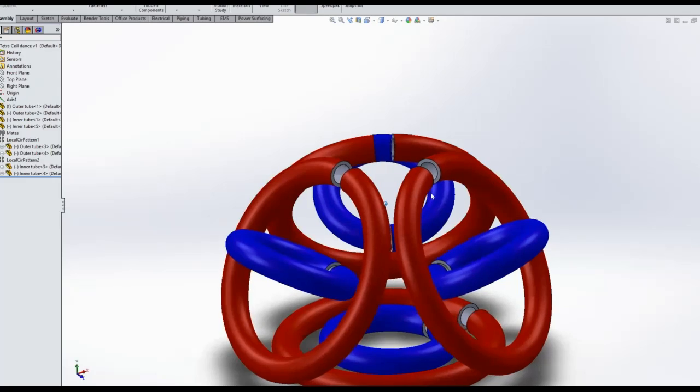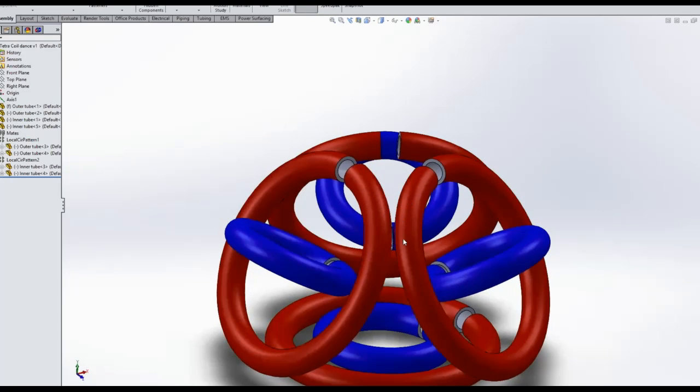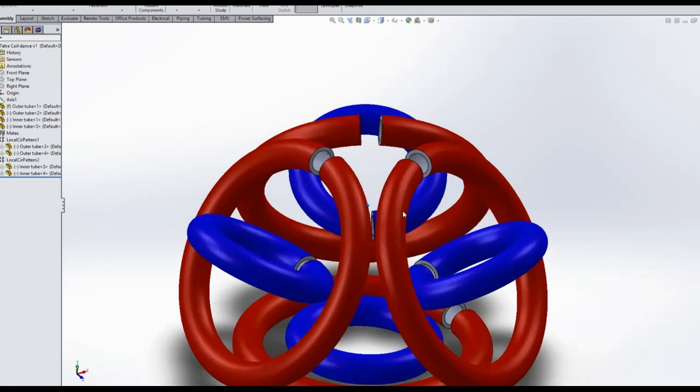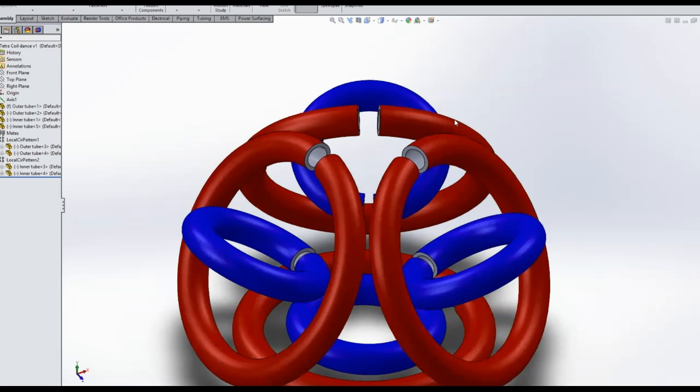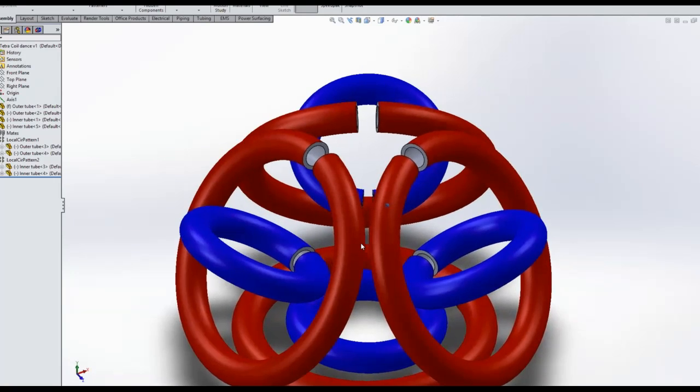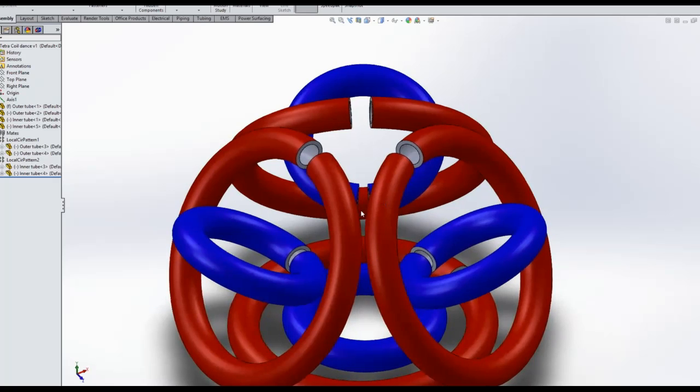Well, if you can see the coils, the magneticals are closest at these points. If we locate something in here, it would maybe amplify the magnetic.